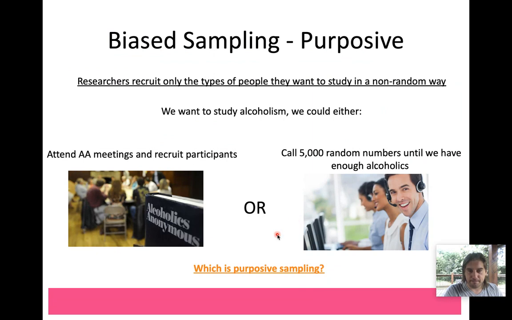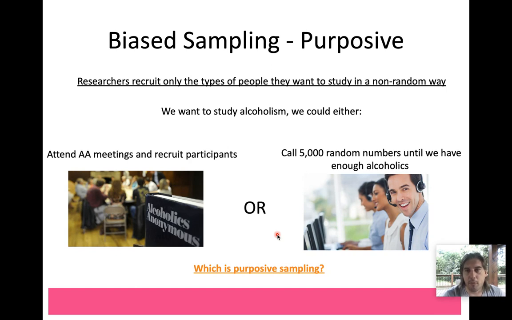Purposive sampling. This is one that you often end up needing to do, and it is a sort of necessary evil in data collection to engage in purposive sampling. We just have to recognize that it's somehow biased.